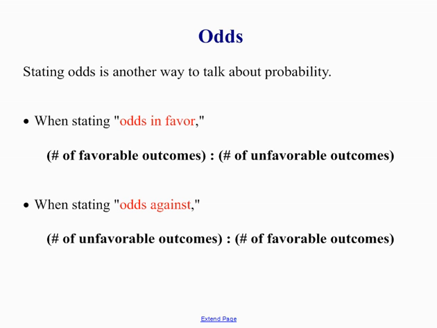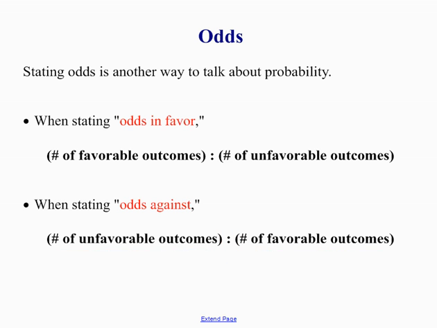We use this colon here to say the word to. So the number of favorable outcomes to the number of unfavorable outcomes. When stating odds against, we state the number of unfavorable outcomes to the number of favorable outcomes.